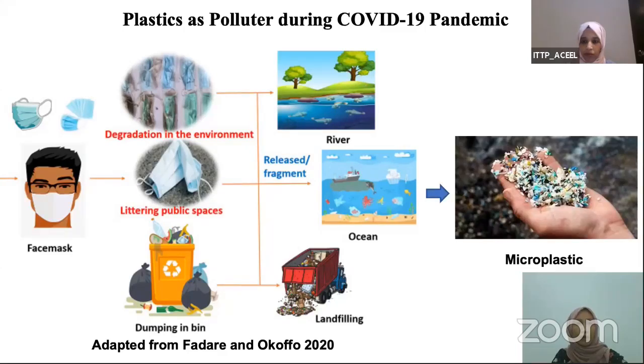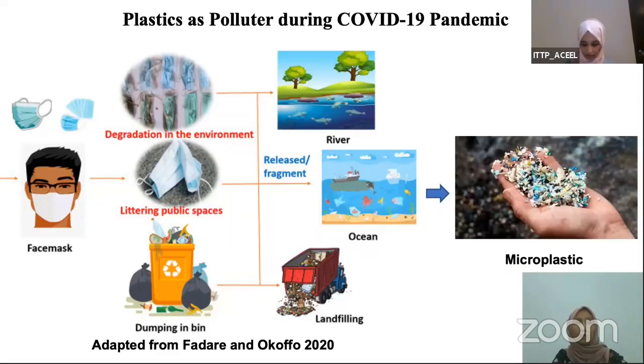Thus, if solid garbage is not correctly managed, plastic products such as SUP for PPE or packaging could jeopardize environmental health. Looking at the global scale of single-use plastic consumption, water bodies will be more likely to be exposed to plastic contamination as a result of this plastic pandemic situation.